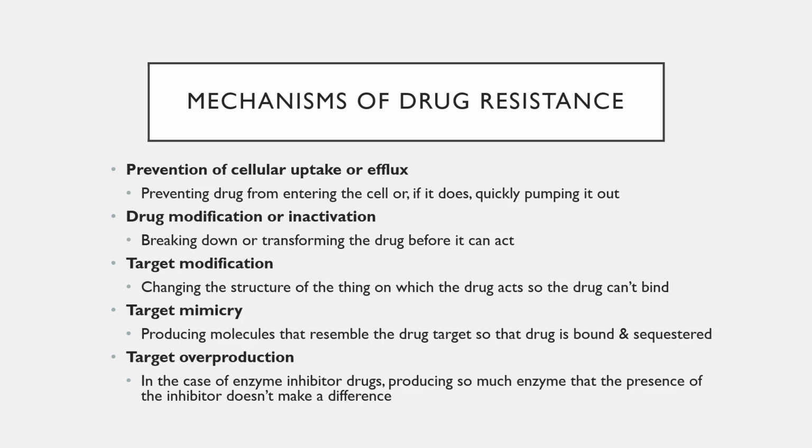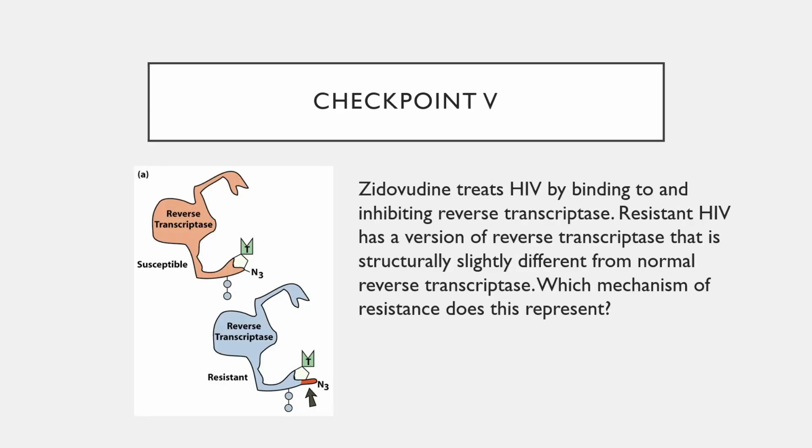Now, in this final checkpoint here, we're going to look at HIV that is resistant to zidovudine, which is common enough now that scientists have actually characterized and figured out what the mechanism is by which HIV can become resistant to zidovudine. Resistant HIV has a version of the reverse transcriptase enzyme that is structurally slightly different from the normal reverse transcriptase.